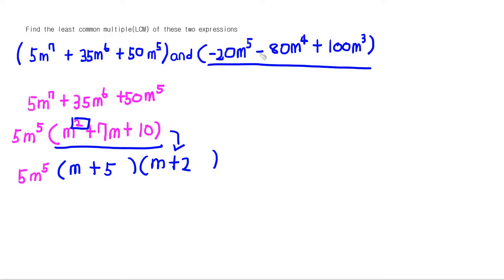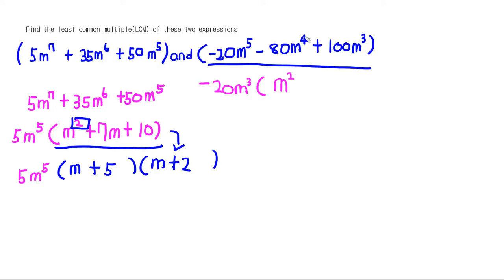Let's simplify the second term right over here. The greatest common divisor is negative 20m to the 3rd power, and we need to remember that if we multiply using this distributive property, we are going to get the original term. Negative 20m to the 3rd power, and this one divided by this one is just going to be m squared.